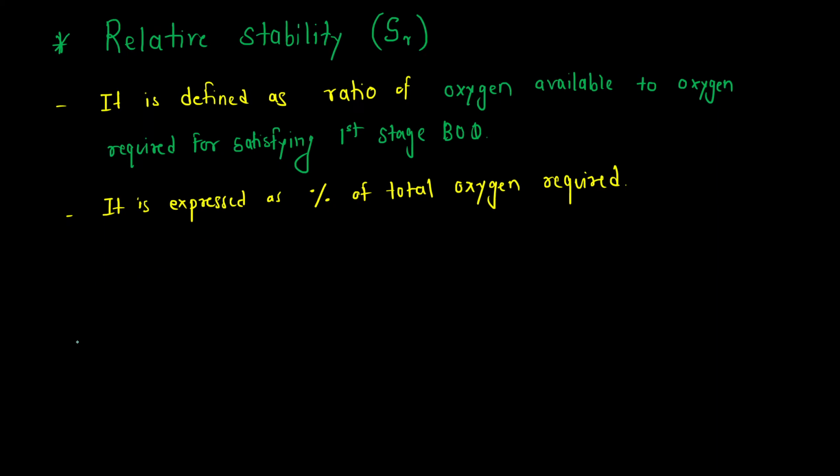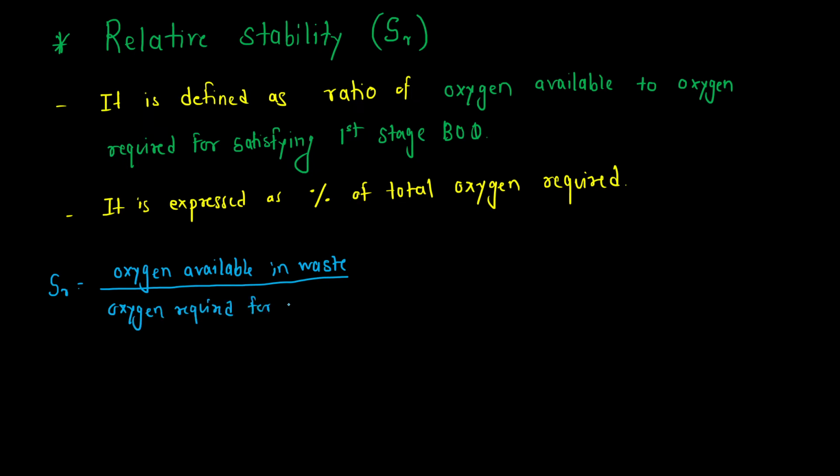Now the formula, we'll try to write it down here. So SR, population equivalent, is equal to oxygen available in wastewater, divided by oxygen required for first stage BOD.